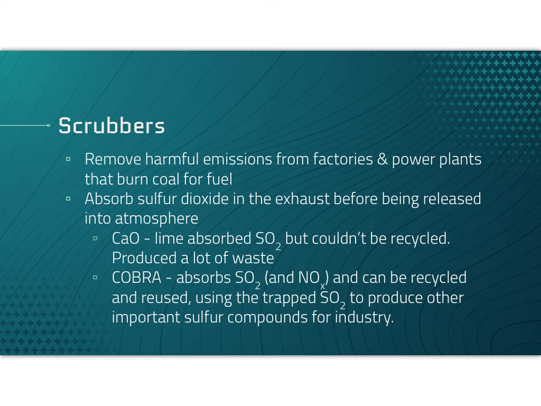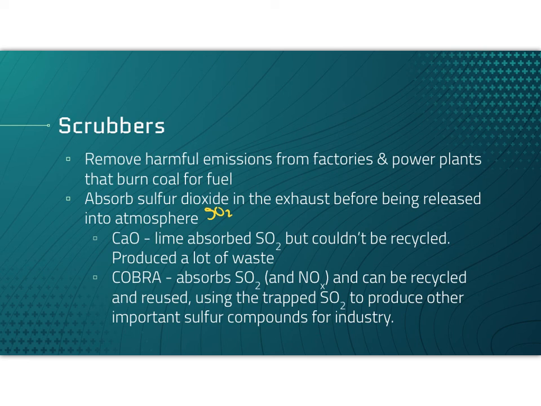Last but not least, scrubbers can be used to remove harmful emissions from factories and power plants that burn coal for fuel. They absorb the sulfur dioxide, SO2, that comes out in the exhaust before it is released into the atmosphere. Some old scrubbers used calcium oxide, which is lime.